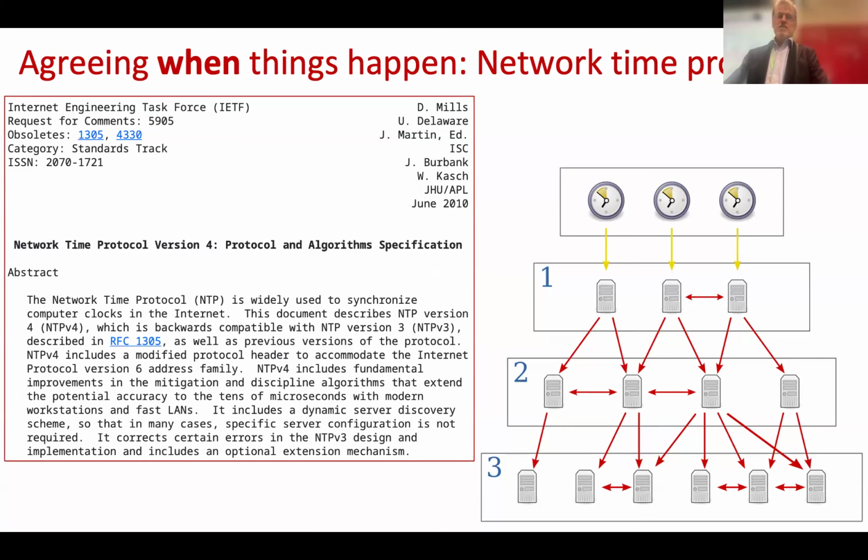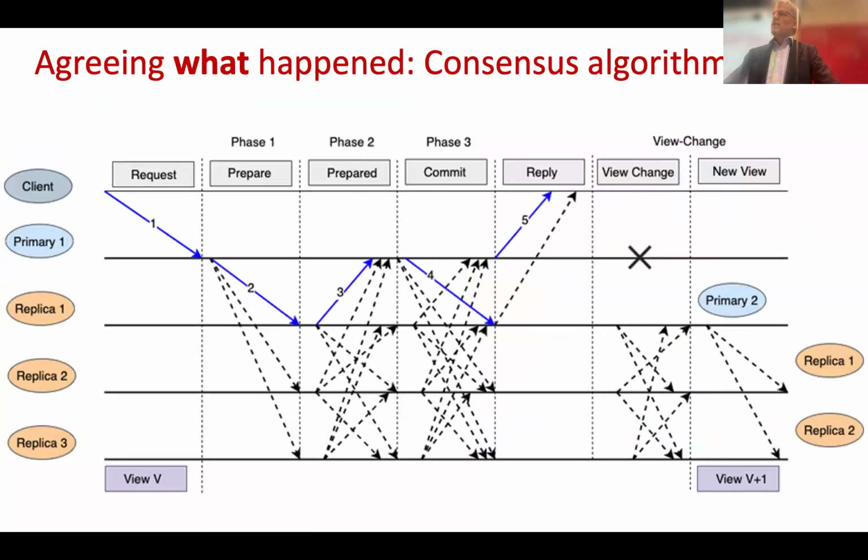But in this case, it's over the internet. And then agreeing what happens has spurred a huge amount of effort in consensus algorithms of various sorts, which allow a group of individuals who periodically receive intermittent messages about other people's views of the state of some activity or system to decide what they should believe and when they should update their beliefs on those systems. And that's another very complicated area of research.